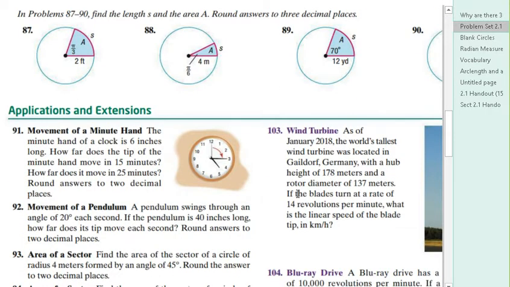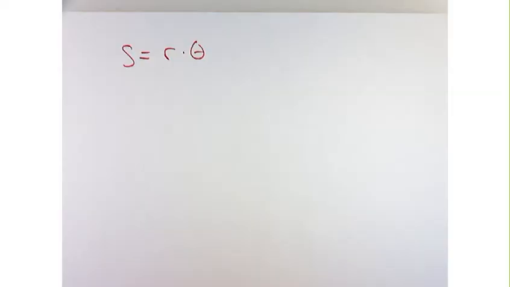Let's play around with our formula a little bit. So going back to our formula, it was this one: S equals R times theta. Yeah, this one, sorry. S equals R times theta.